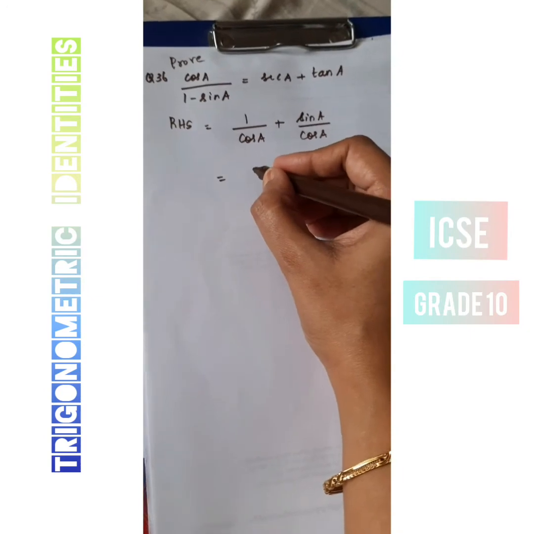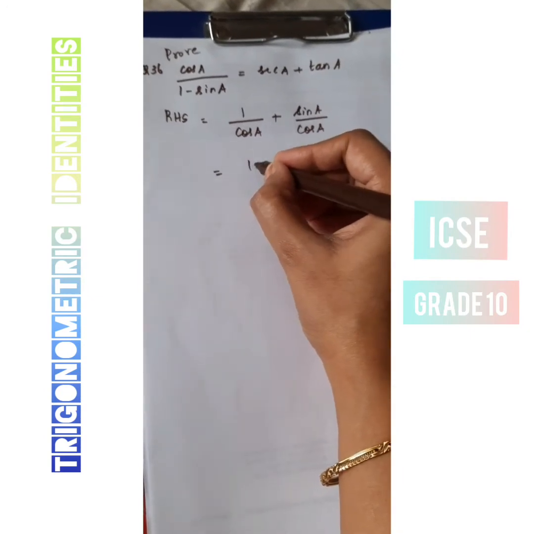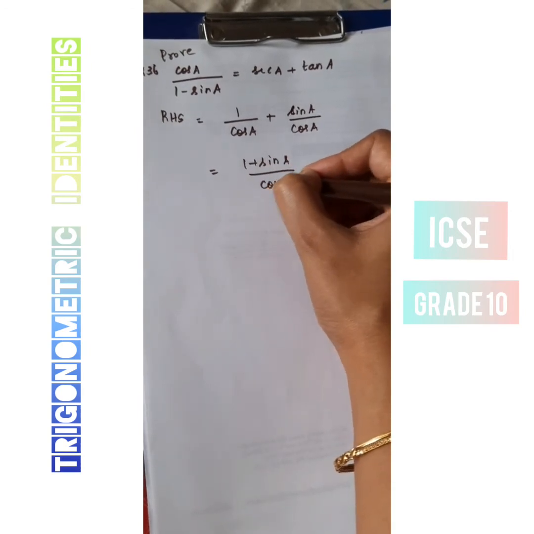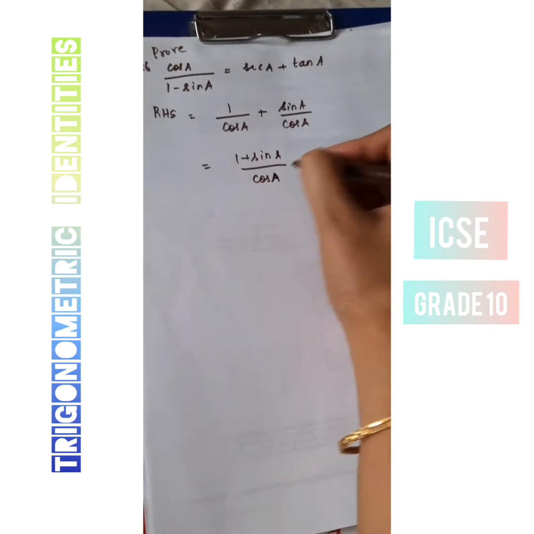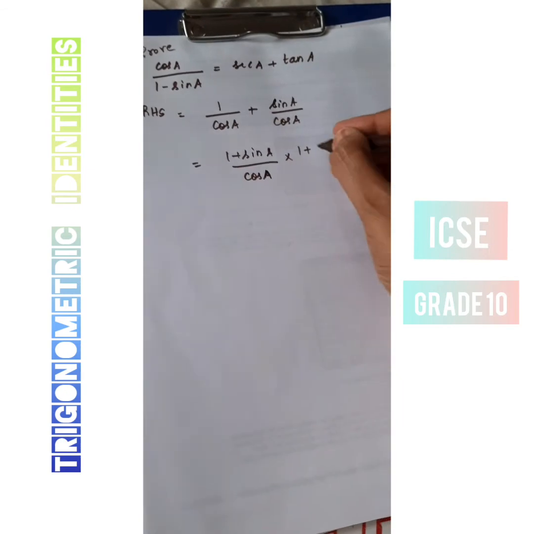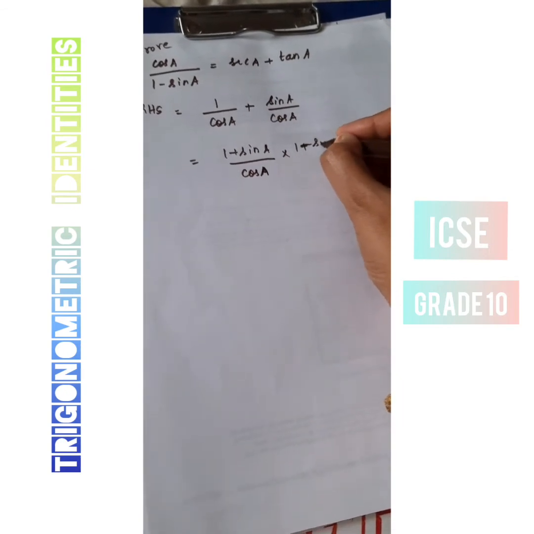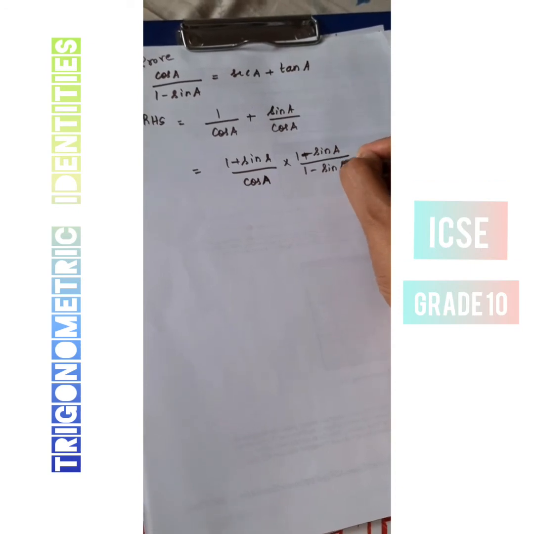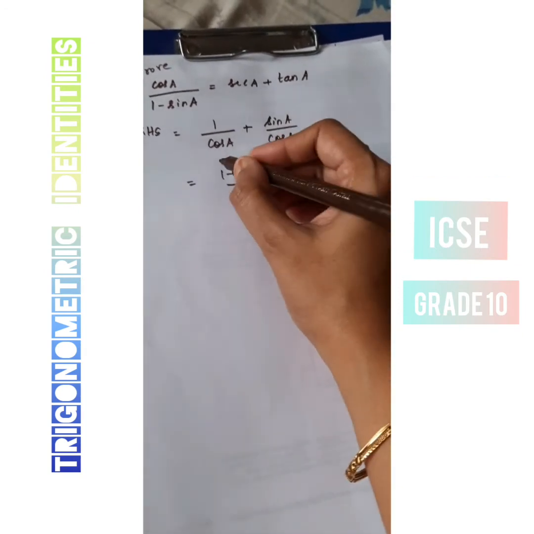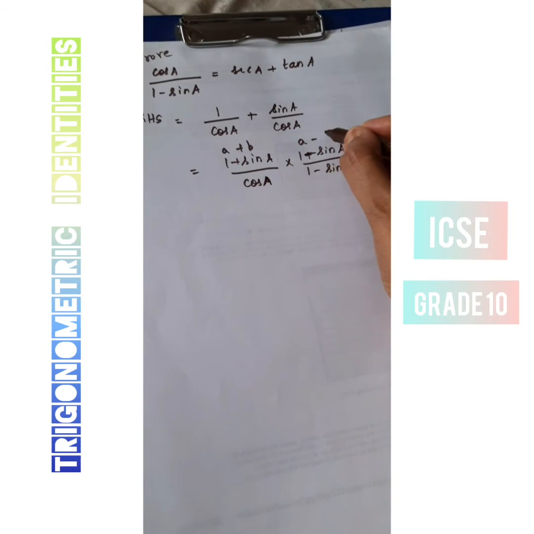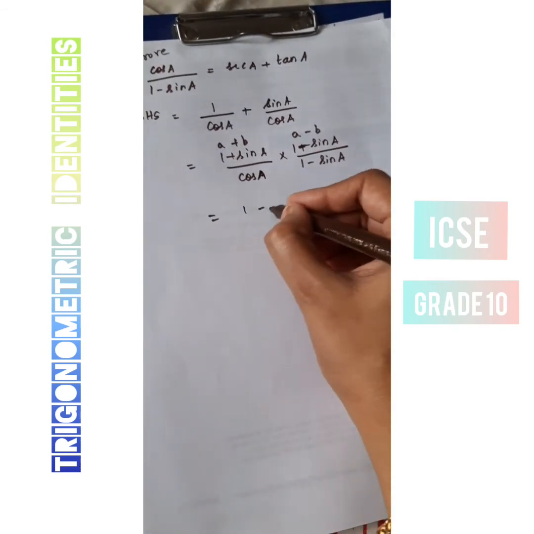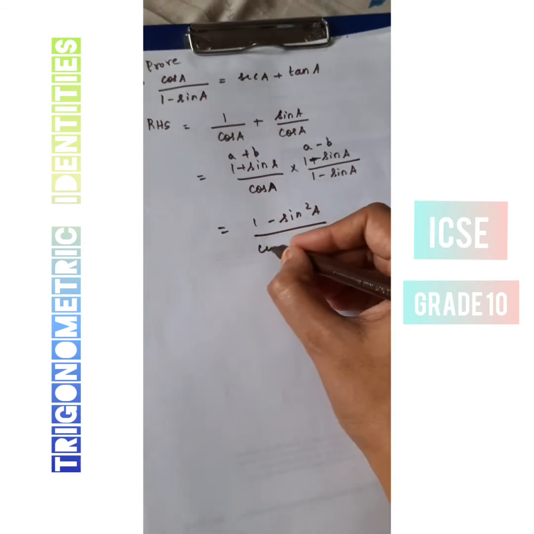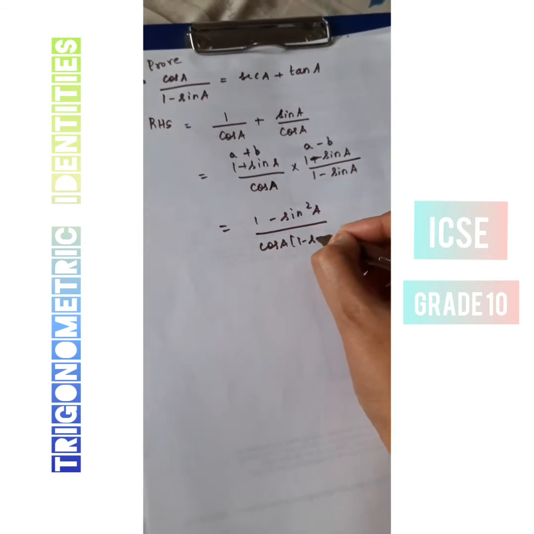So we need to rewrite it as 1 plus sin A by cos A, as the denominator is same, and multiply it by 1 minus sin A by 1 minus sin A, which is equivalent to 1, and the numerator is of form A plus B and A minus B, so 1 minus sin square A by cos A into 1 minus sin A.